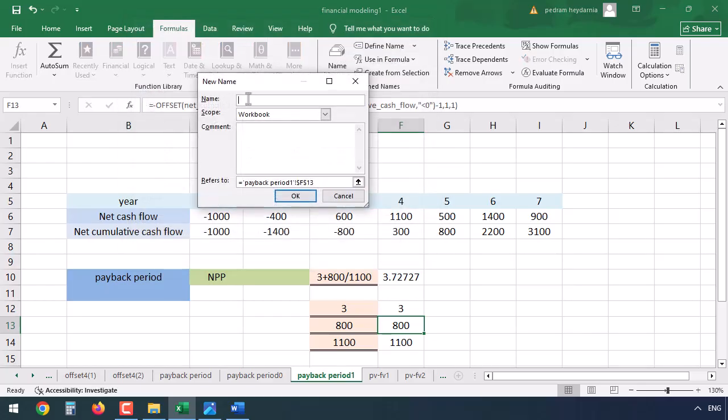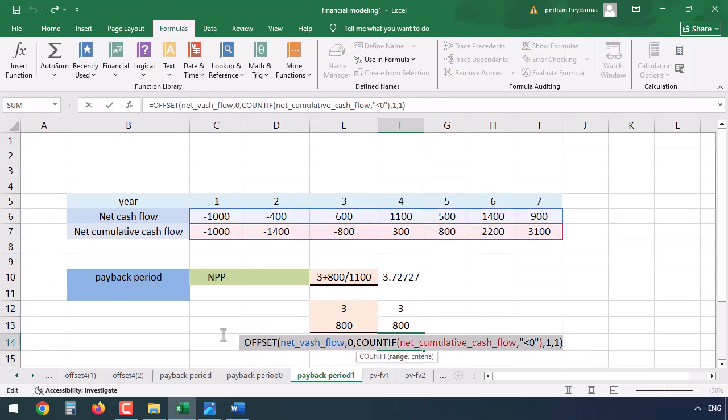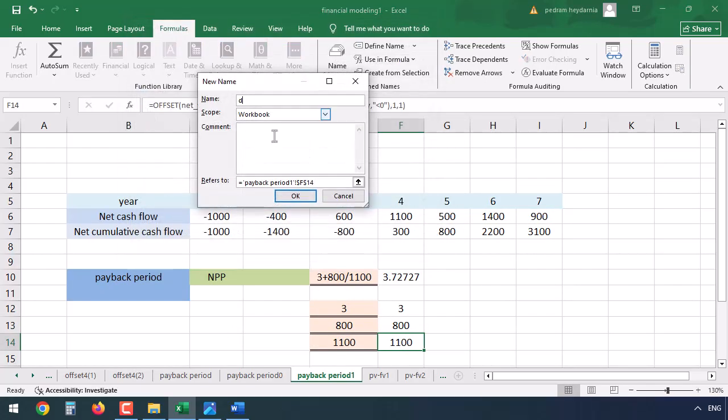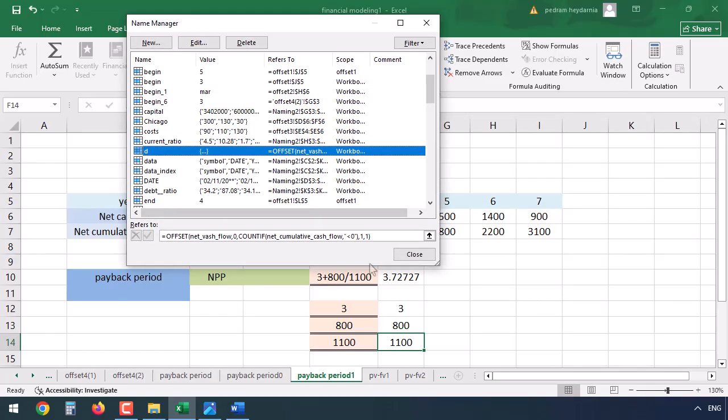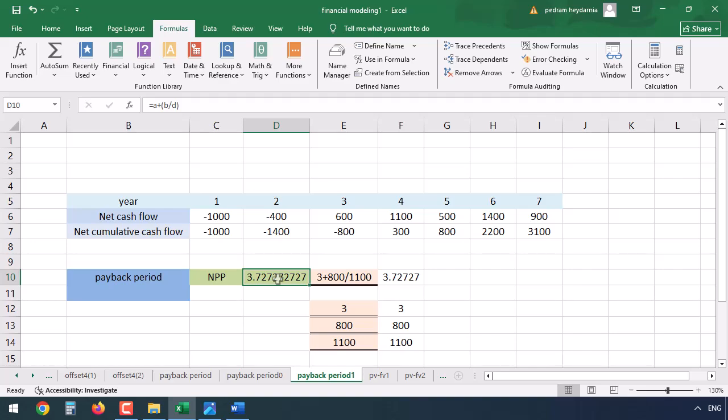We'll copy this formula and name it B. And we'll name this formula D. And we write equals A plus B divided by D. And it gives me the number 3.7.